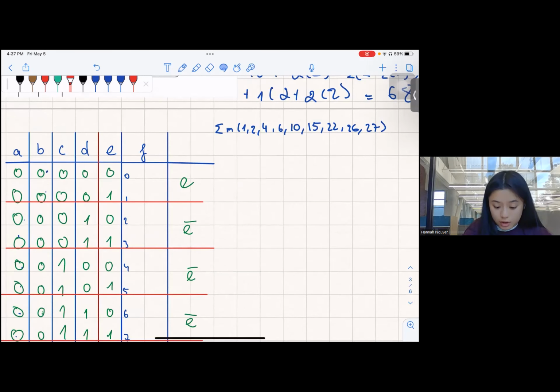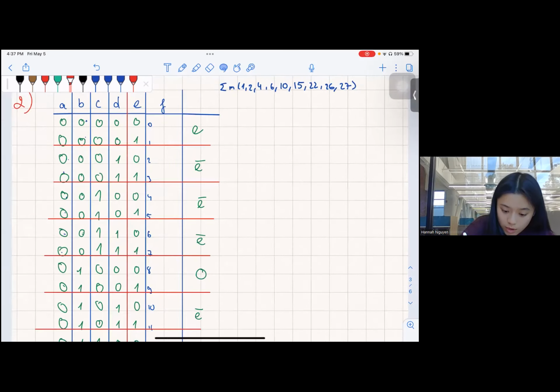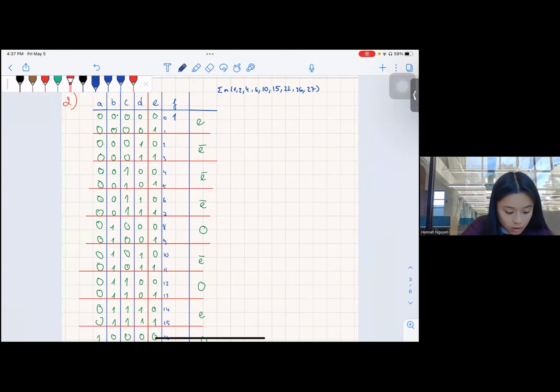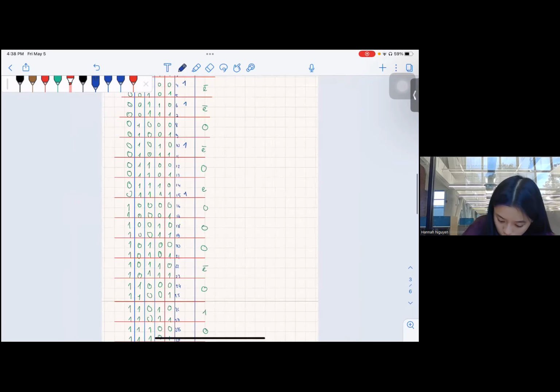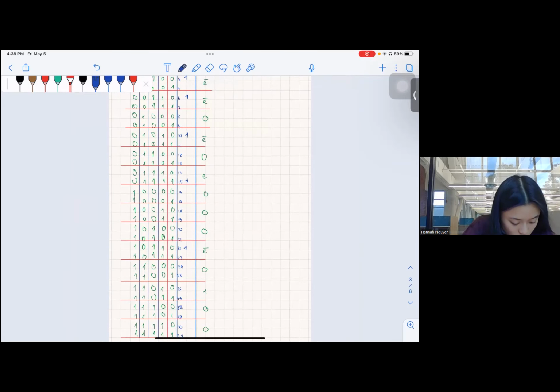Okay, so I numbered the states already. It's gonna be 1 here, 1 here, and then 1 at 4, 6, at 10, and then at 15, at 22, 26, then 27.